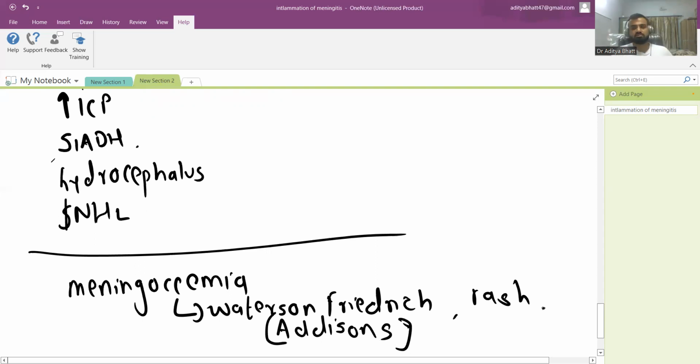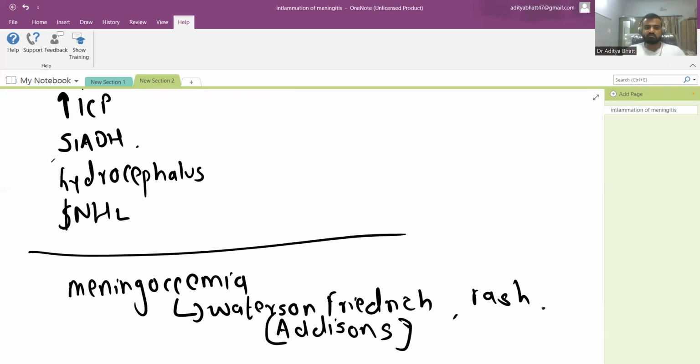This rash is a pathognomonic feature of meningococcemia, and it might be complicated with Addison's disease. Now, the most common cause of chronic Addison's disease is tuberculosis infection. In acute cases, you might suspect meningococcemia or algid malaria. So you have to keep that in mind.